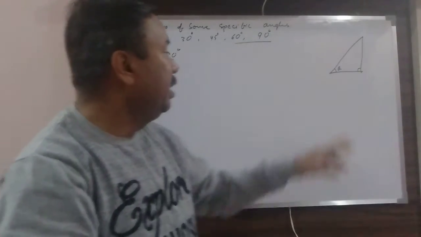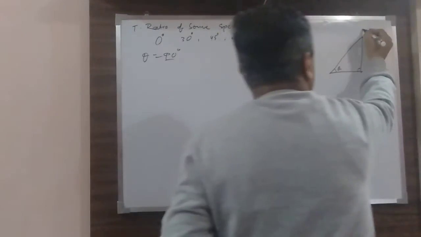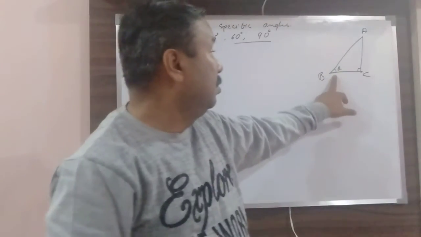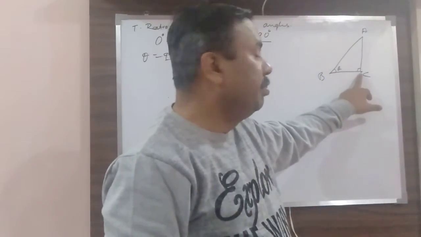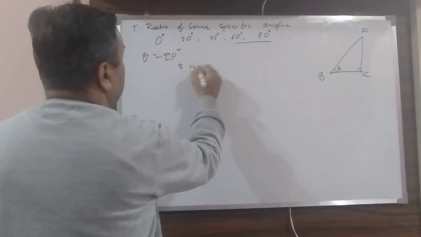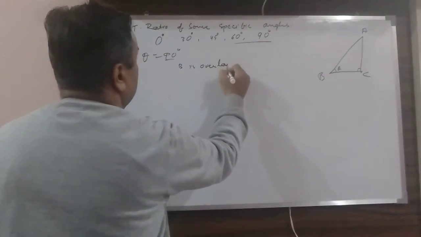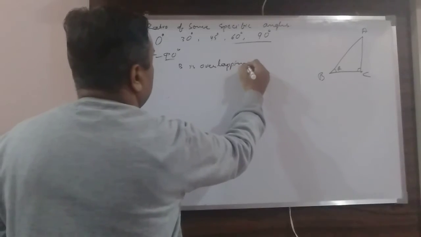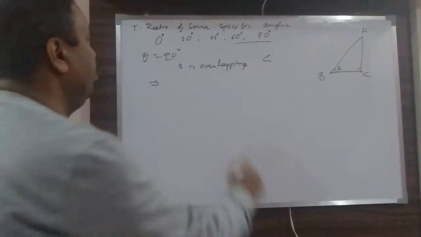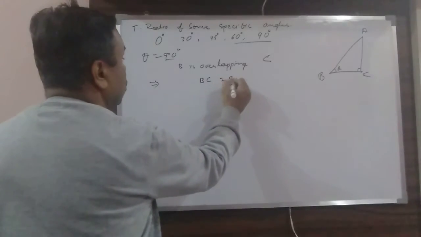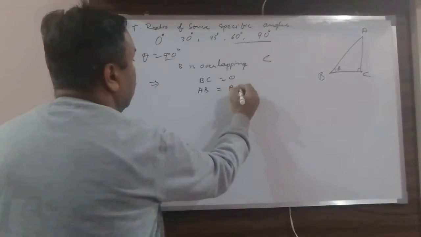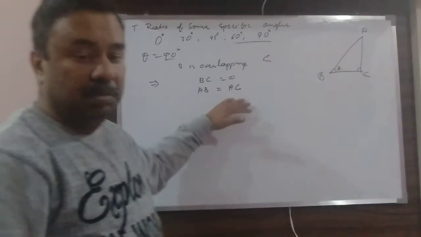It will be depicting that it can be 90 degree only when B is overlapping C. B comes here, B is overlapping C. That means BC becomes 0 and AB becomes equal to AC.